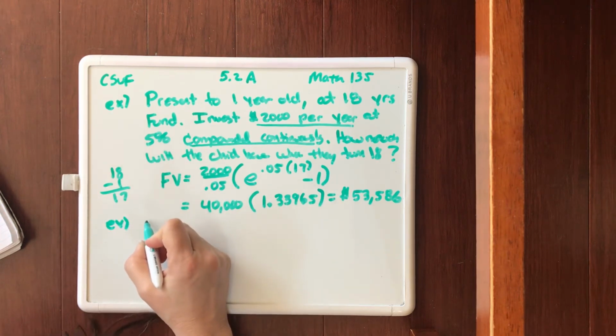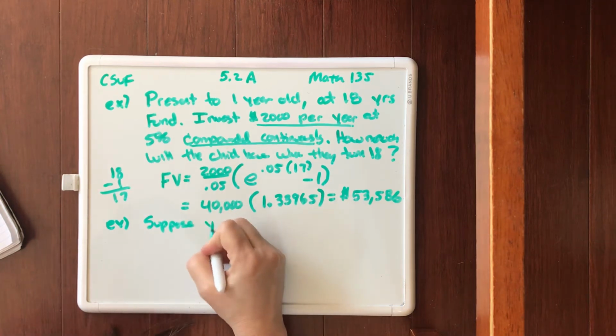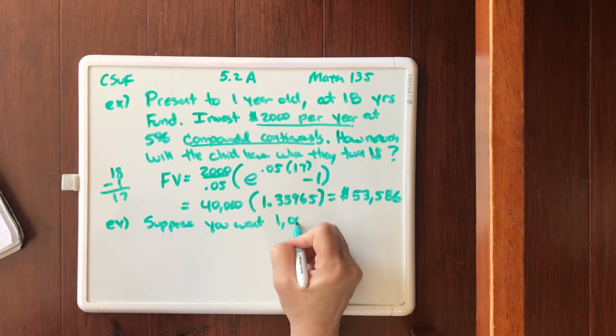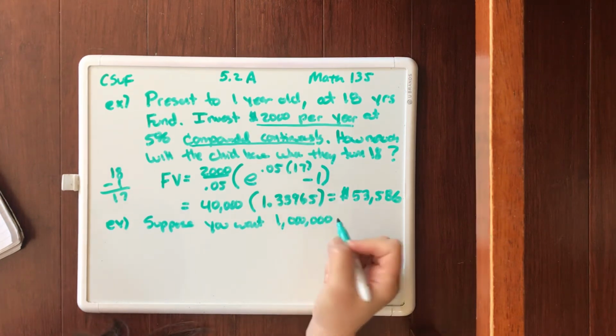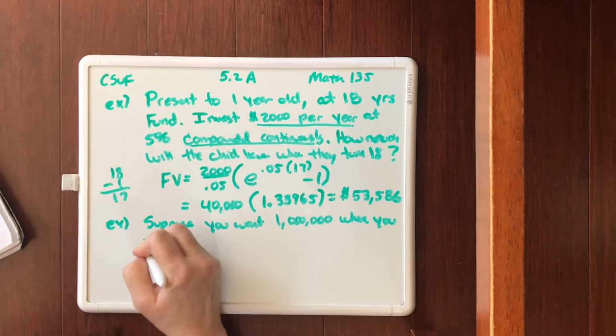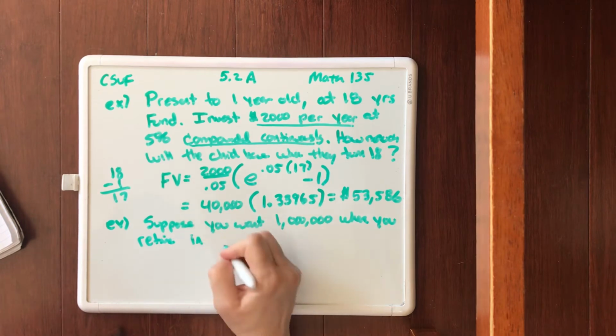Suppose you want $1 million when you retire in 47 years.